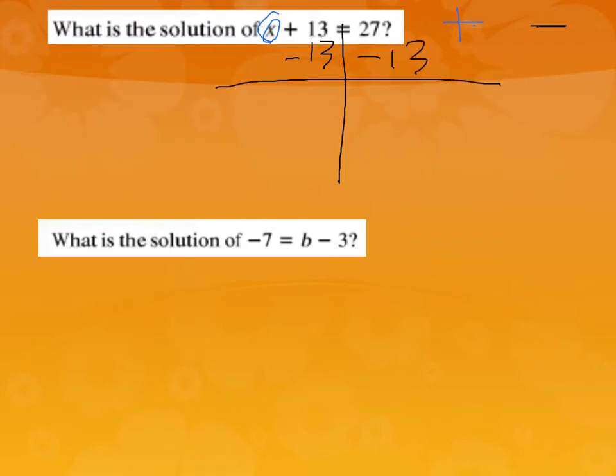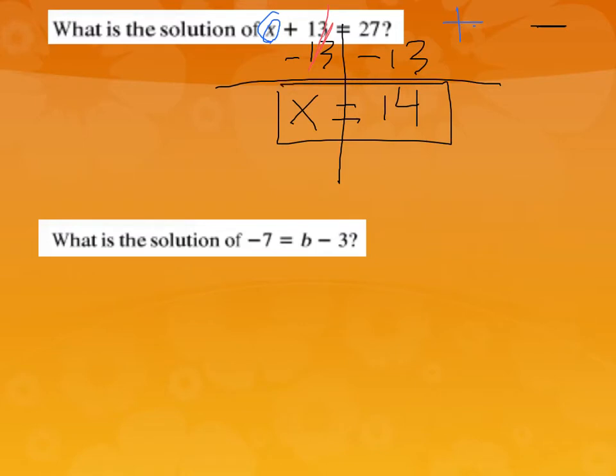Remember, surf. So on the left-hand side, these two will cancel each other out. 13 minus 13 is 0. So I'll just have x on the left-hand side, equal to 27 minus 13, which gives me 14. So now that my x is all by itself, this is my final answer.